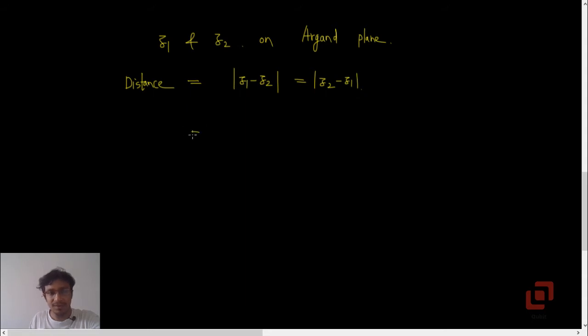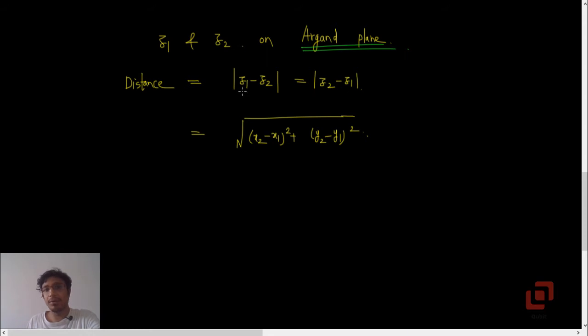Now this is basically our distance formula, square root of x2 minus x1 squared plus y2 minus y1 squared. So just in case if someone asks you what's the formula for finding the distance between two complex numbers z1 and z2, when I'm saying distance between two complex numbers, I actually mean how far the corresponding points are on the Argand plane. And that distance is simply mod of z1 minus z2 or mod of z2 minus z1.